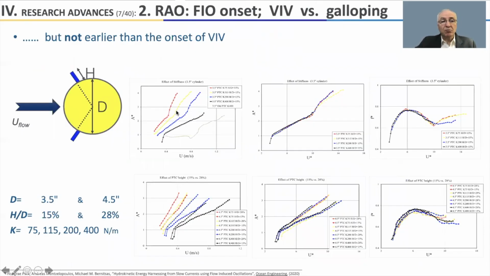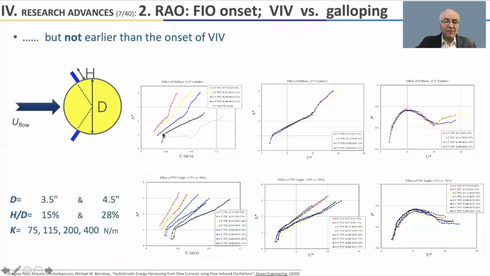By designing properly the turbulent stimulation, location, size, with respect to boundary layer and so on, you can move galloping to lower velocities, and you can increase the response amplitude significantly, but we can never pull it ahead of VIV.